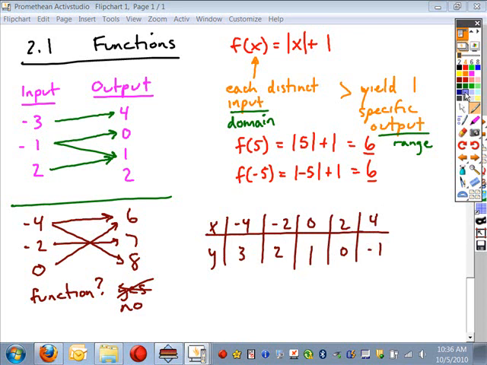Okay. Would this set of values represent a function? Yeah, for any given x value, x's are your inputs and y's are your outputs, which means x's are your domain and y's are your range. Okay. For any given input, there's one and only one output. So this would represent a function.